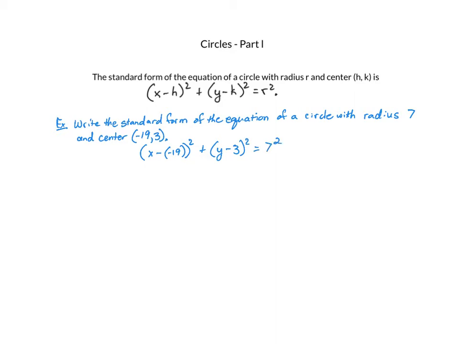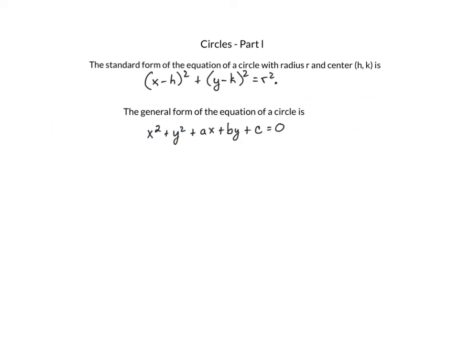And generally we wouldn't leave that minus a negative, so let's go ahead and write that as x plus 19 squared, and we still have y minus 3 squared equals 49. And usually we present the equation in this way. Let's do another one. Now look what I have added.